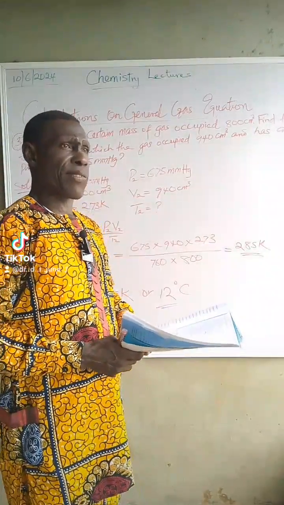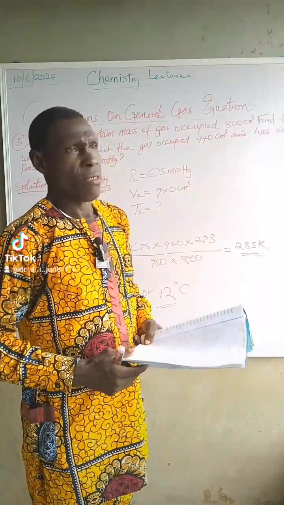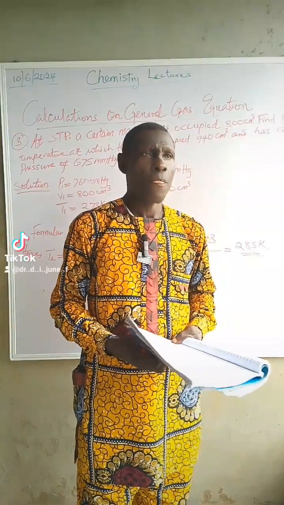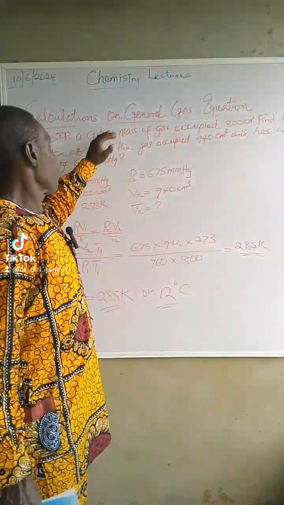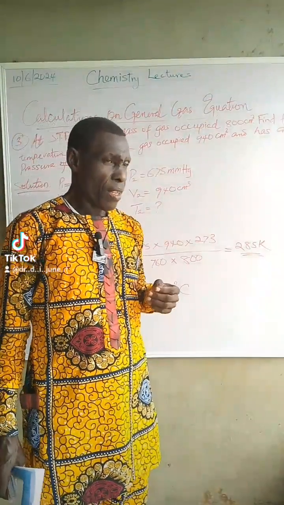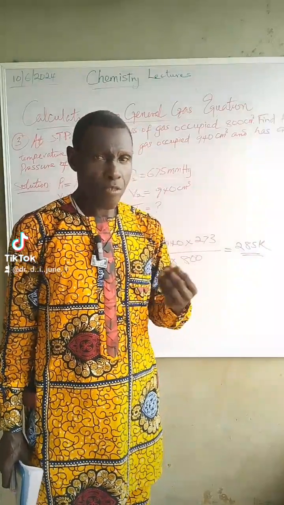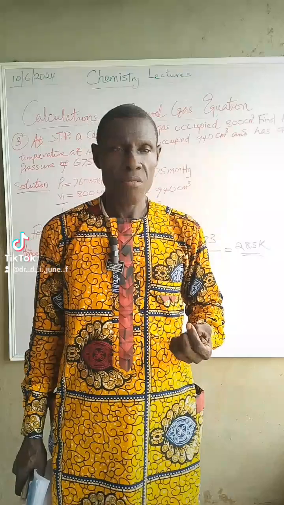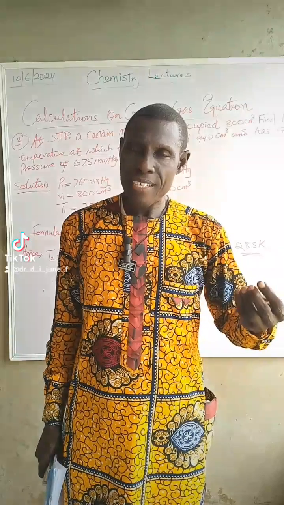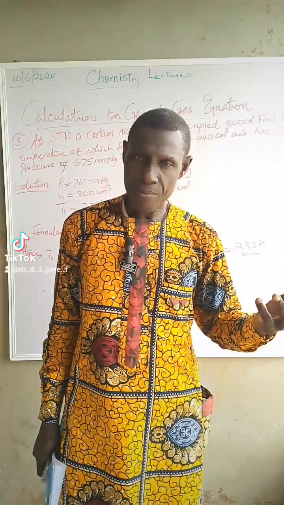Before I continue, let me give you this information. For those of you who are serious with these lectures, because of STP, standard temperature and pressure, if you look at some of the calculation problems, either the final temperature or the final pressure may not be given.